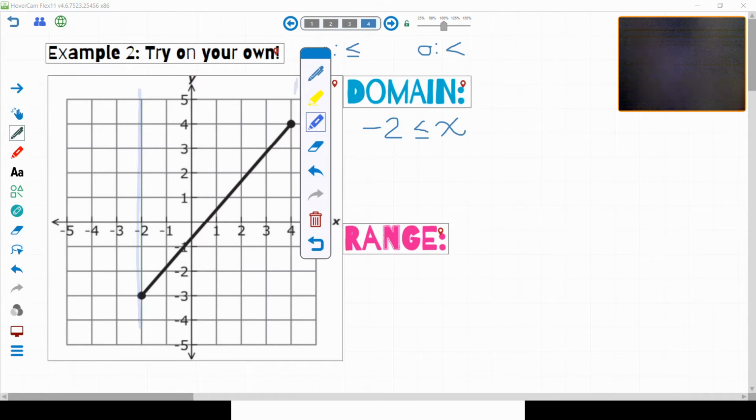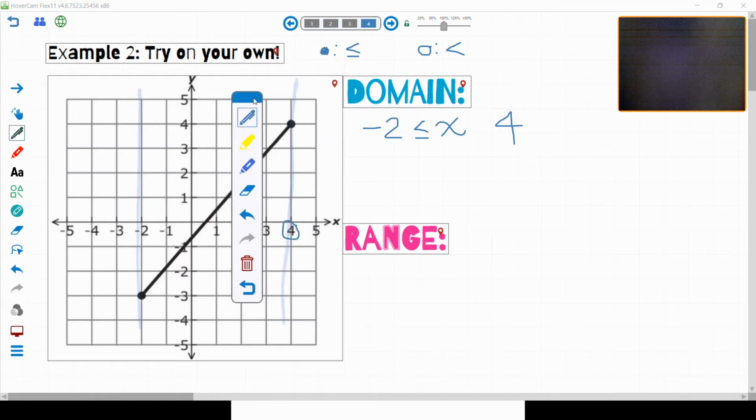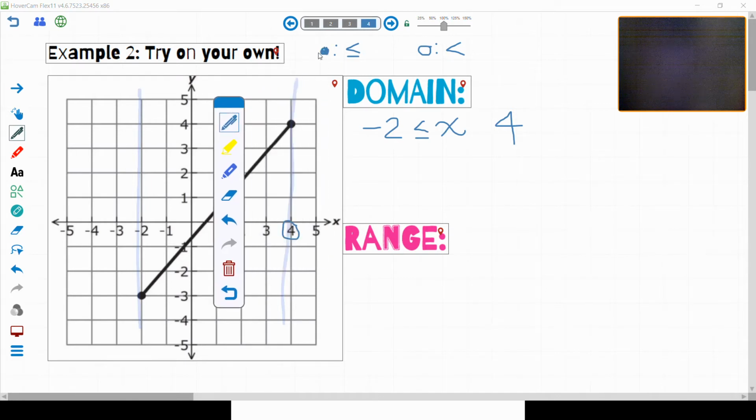And I gave you another solid dot, and this is actually ending at +4. Because I am including that value, remember, that means I'm going to use my less than or equal to.